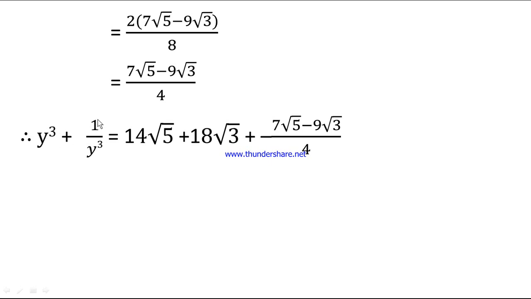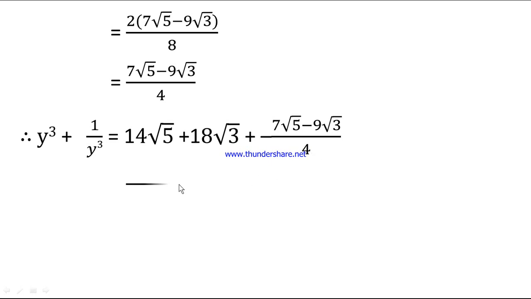So y cube plus 1 by y cube is equal to, here the value of y cube is equal to 14 root 5 plus 18 root 3, and the value of 1 by y cube is equal to 7 root 5 minus 9 root 3 by 4.